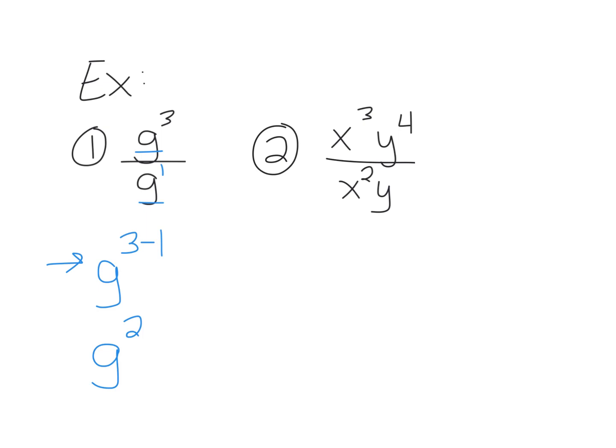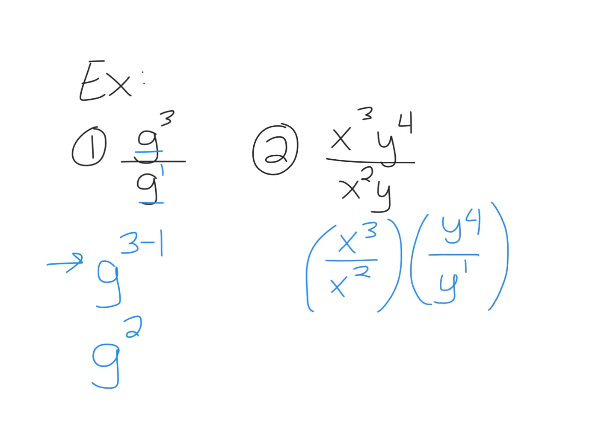What about number 2? What do you notice about number 2? There's 2 different like terms, right? So, just like multiplication, we can split it up. We have x to the 3rd divided by x squared times y to the 4th divided by y. What's the exponent on that second y? 1. Now just take it one at a time.